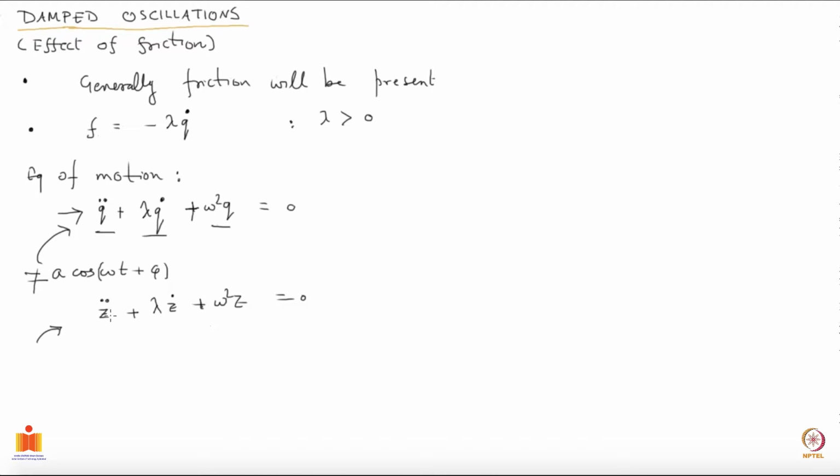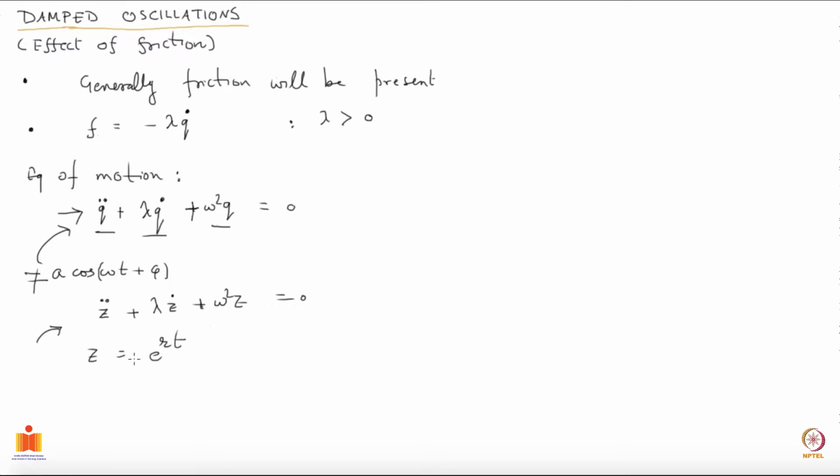This one is good because z equal to e to the r t will be a solution as far as the time dependence is concerned. This will work because no matter how many times you differentiate z with respect to t, you still get z back in addition to some factors which are not functions of time. That's why this trick is going to work.